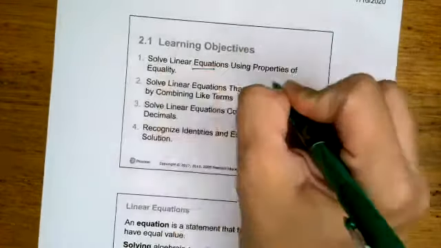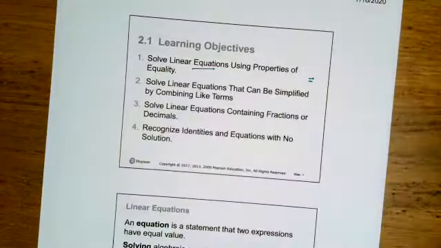An equation means it has an equal sign, right? So an equation is a statement that two expressions have equal value.